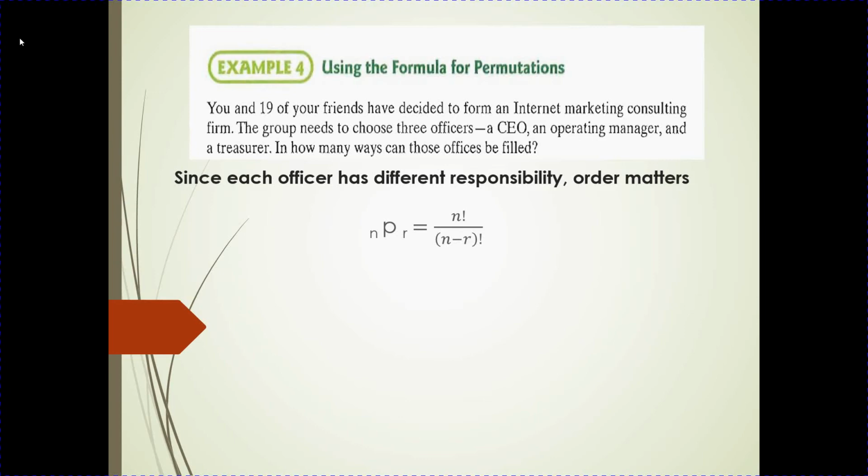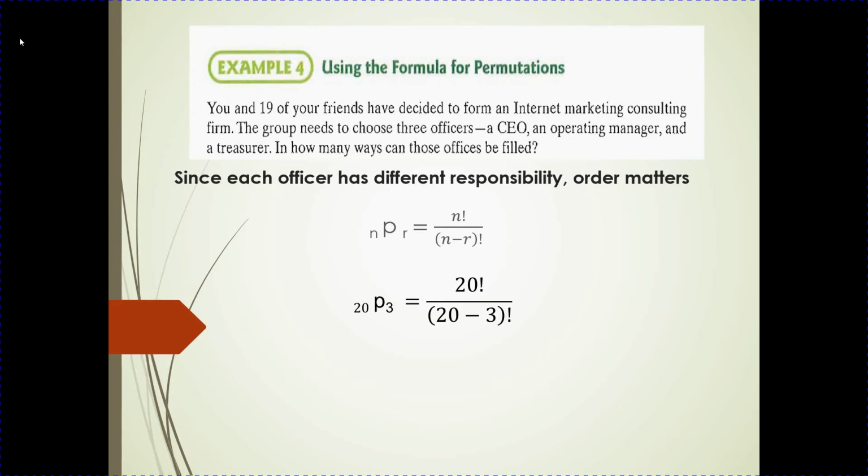So you are going to evaluate 20P3. Okay, 20P3 because there are 20 people. Out of 20 people, you are going to arrange 3 officers, and the 3 officers have different responsibilities. So you are going to use a permutation. So it will be 20 factorial over 20 minus 3 factorial.